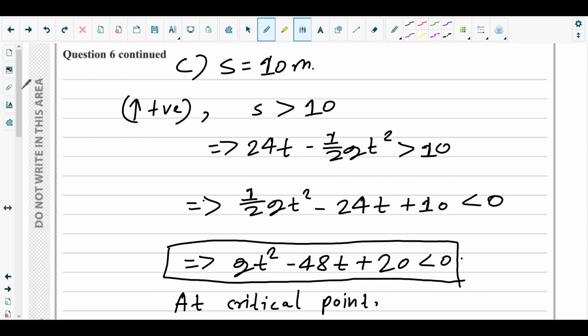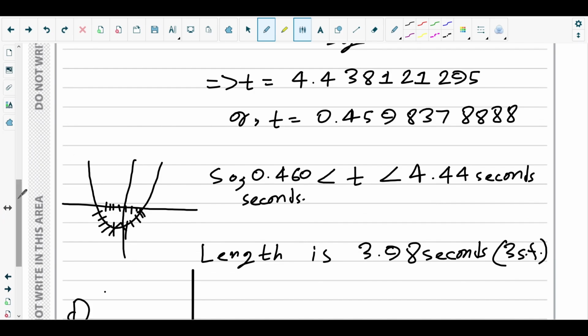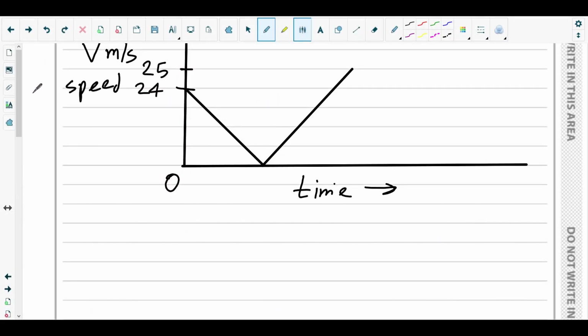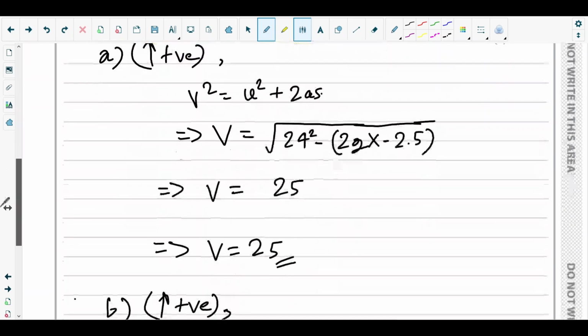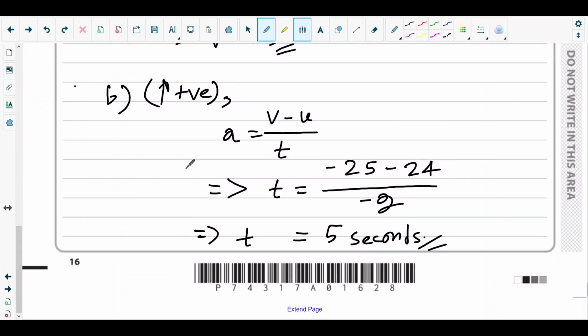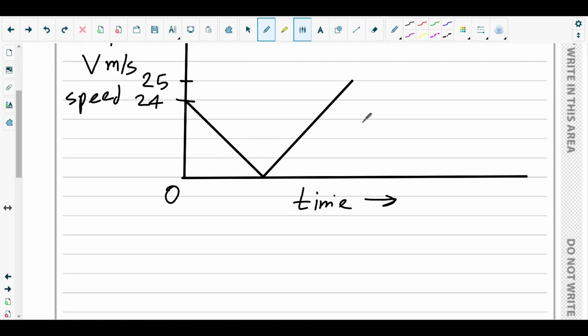Do we know the time required to reach the ground? For part B we know the time required to reach the ground. It was 5 seconds. So we have the time. This is exactly 5 seconds.